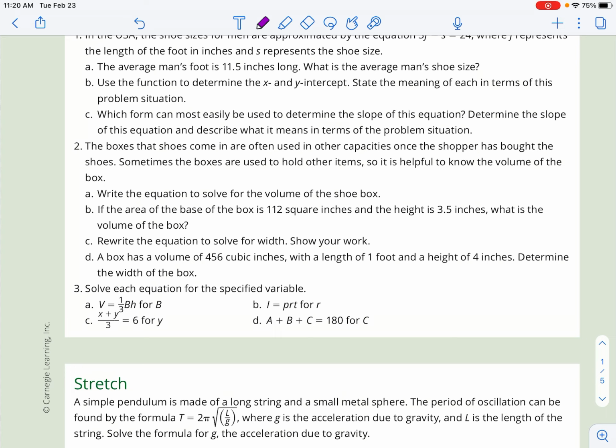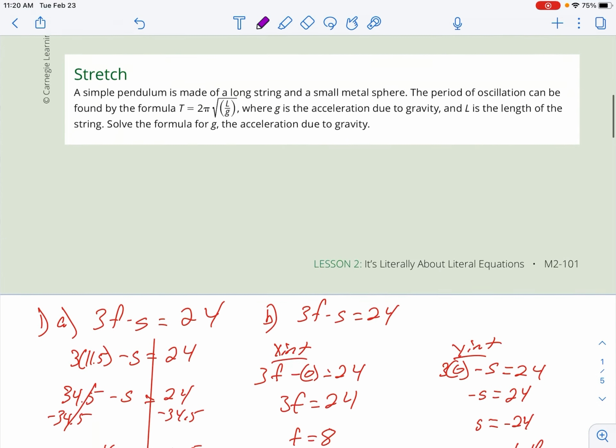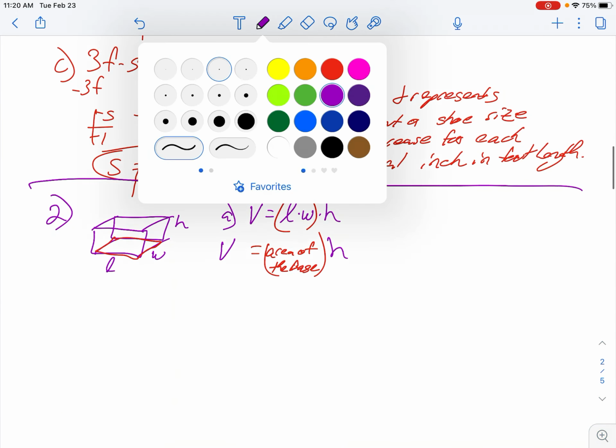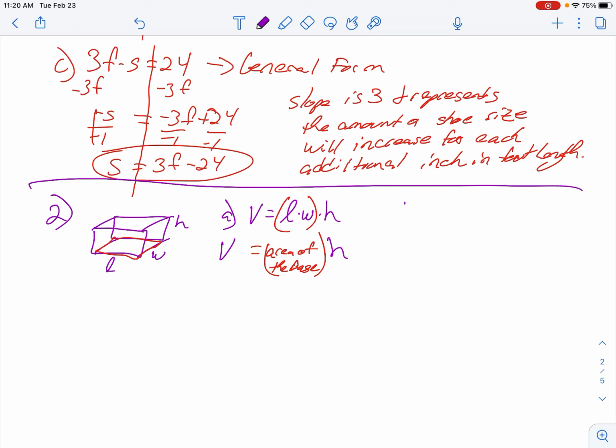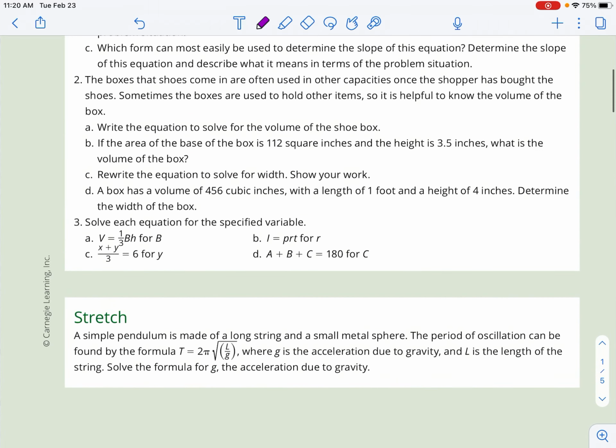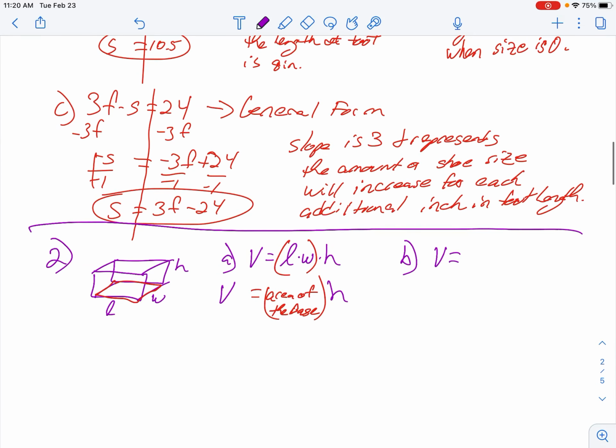Letter B says if the area of the base is 112 and the height is 3.5, what is the volume? So I'm going to use that now for letter B to plug in my info. Now, they told you the area of the base was 112 square inches. So that is going to represent the length and the width, because as I said on part A, that is representing the area of the base.